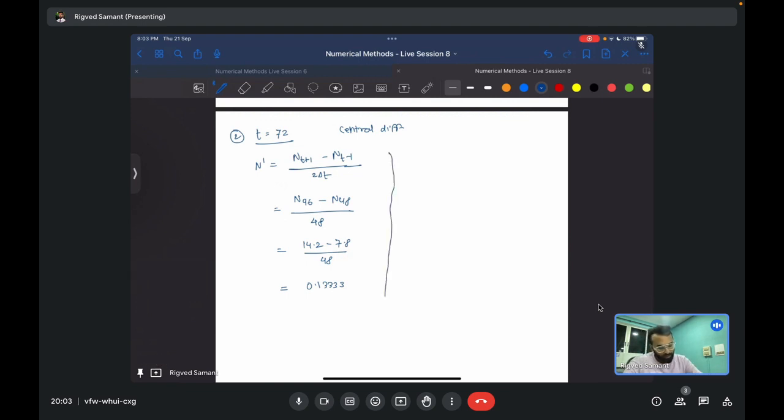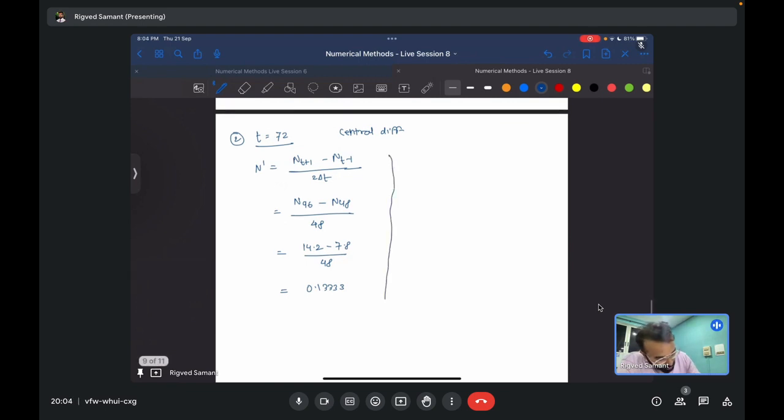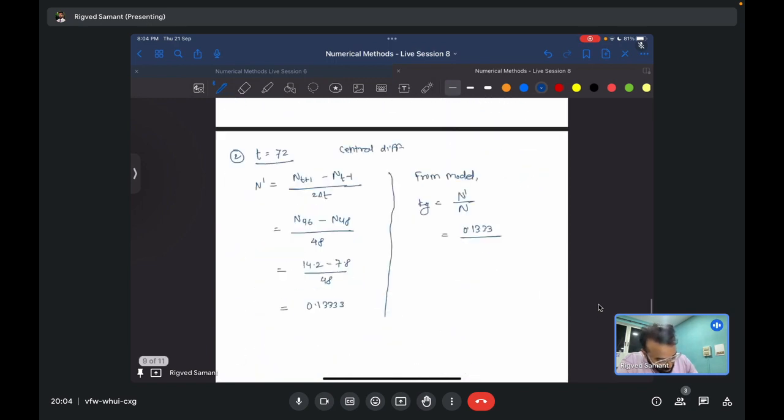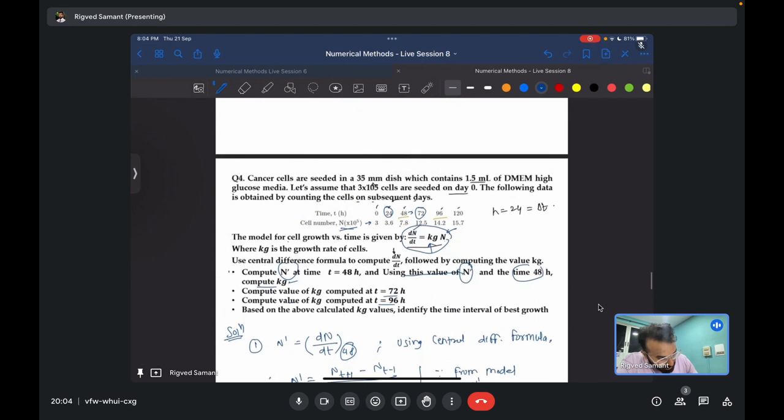So again we'll calculate kg. From the model, we know kg is equal to n dash upon n. N dash is 0.1333 divided by n at 72, which is 12.5.